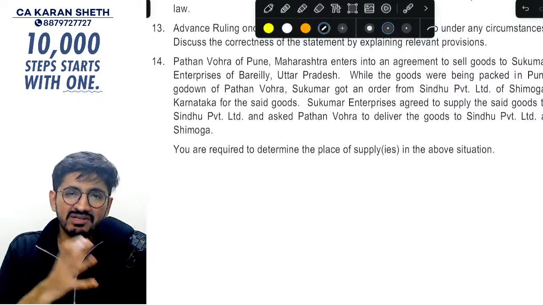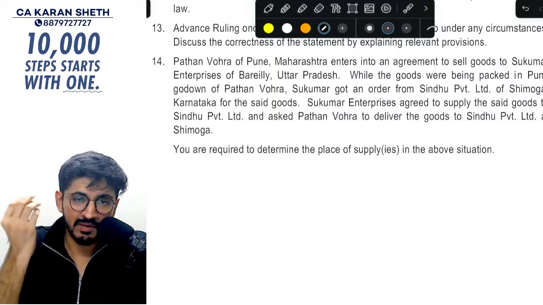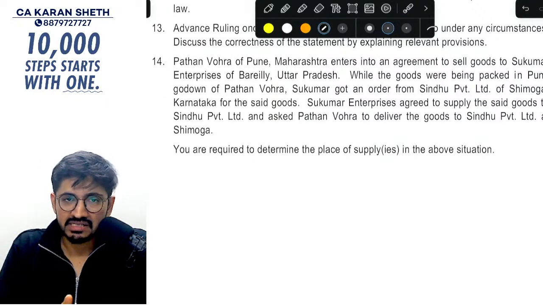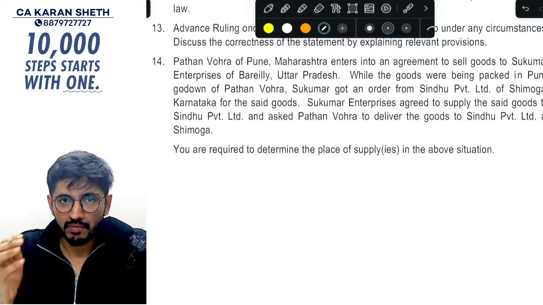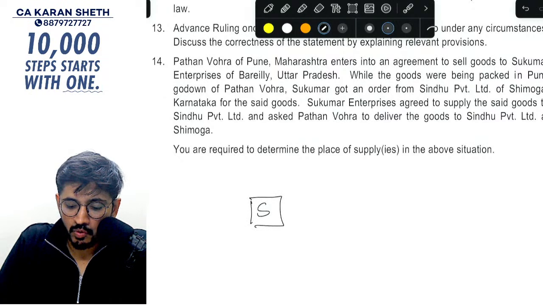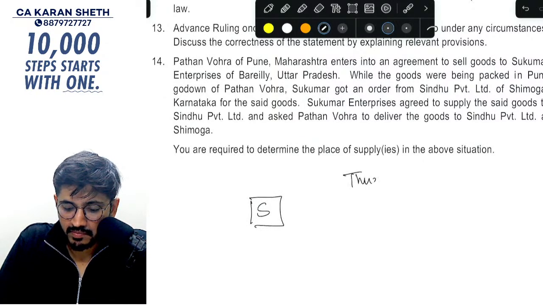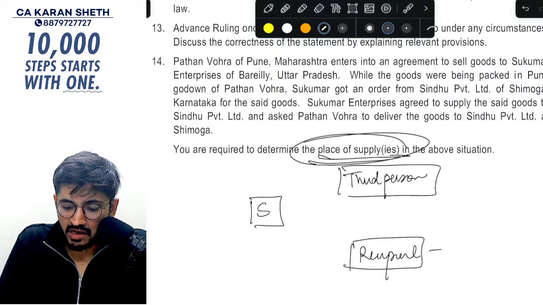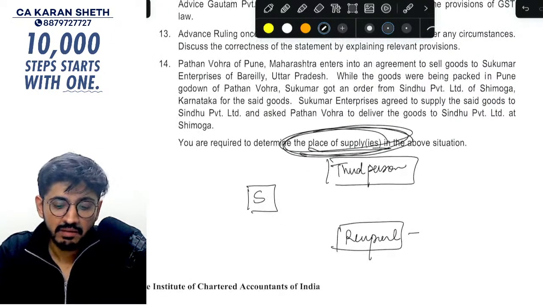Now, whenever something like this happens, mostly when there are 3 parties involved, it is a classic case of bill to ship to model. Now, understand who is billing to whom. Let's focus on that, right? Who is the supplier? Who is the third person? And who is the recipient, right? They have here asked about place of supplies.